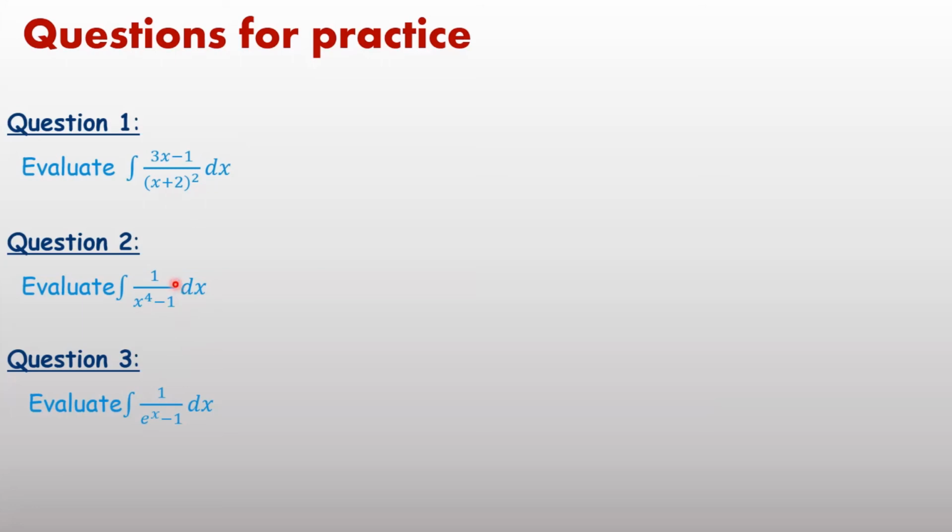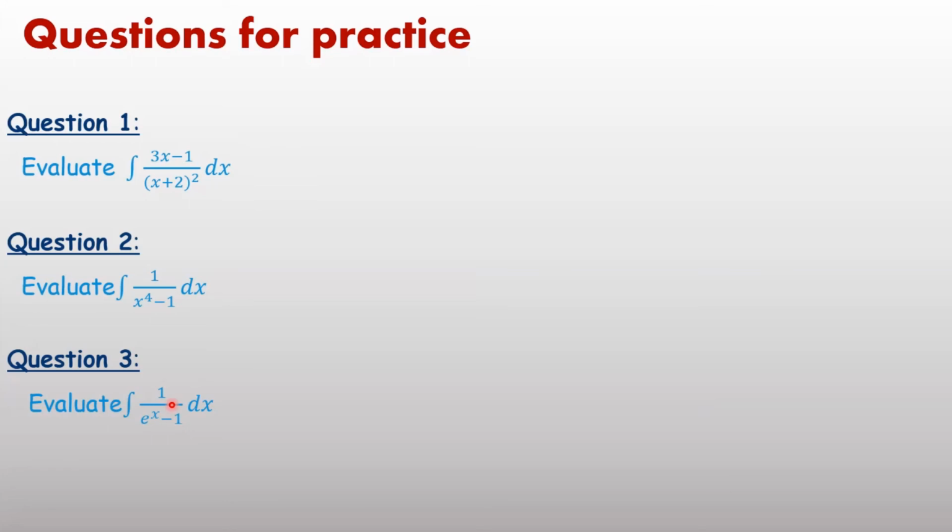In question number 2, 1 upon x power 4 minus 1, which you can factorize. First factor x square minus 1 and second factor x square plus 1. And x square minus 1 again we can write as x minus 1 into x plus 1, and then the third factor x square plus 1. You can assume as a upon x minus 1 plus b upon x plus 1 plus cx plus d upon x square plus 1.